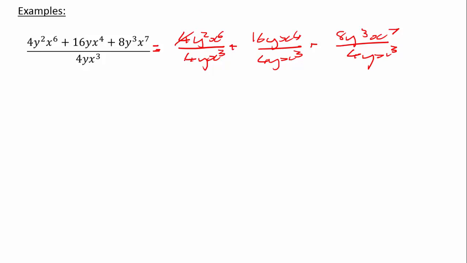Now 4 divided by 4, that cancels out. y squared divided by y is y to 1. x6 divided by x3 is x3. Okay, 16 divided by 4 is 4.